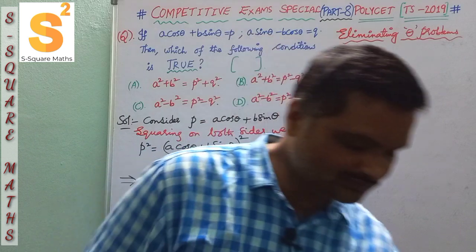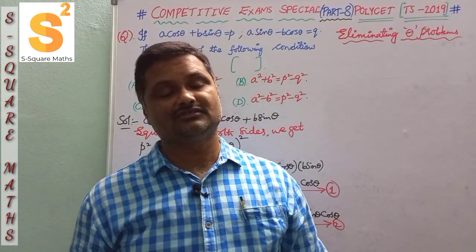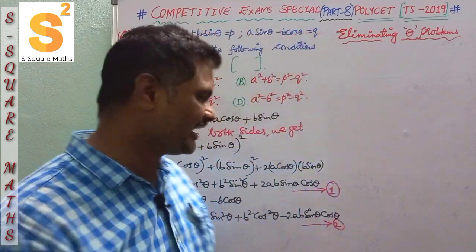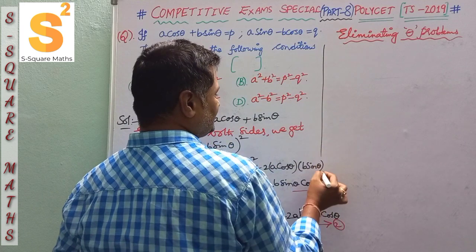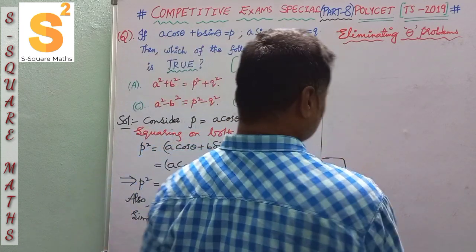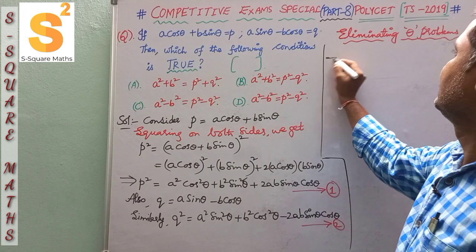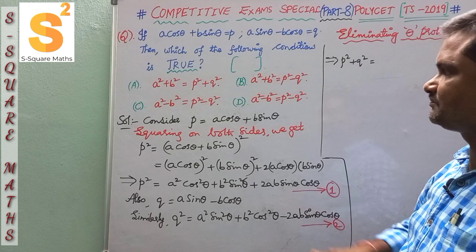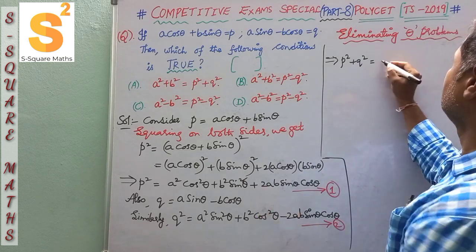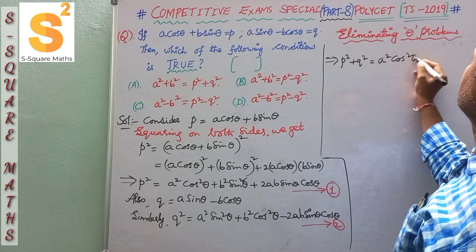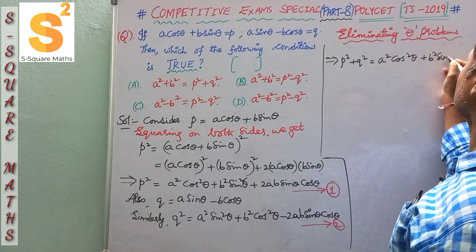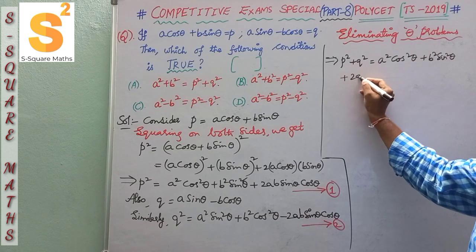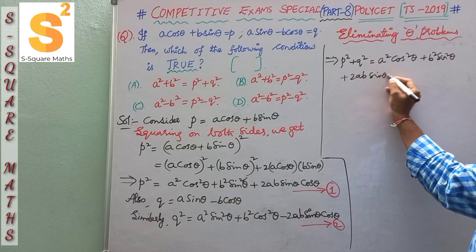So adding 1 and 2. Why to add? Why not to subtract? We know that sin square theta plus cos square theta is 1. So that's why we should add our equations. By adding we are going to get P square plus Q square is equal to, now P square is nothing but this one: A square cos square theta plus B square sin square theta plus 2AB sin theta into cos theta.